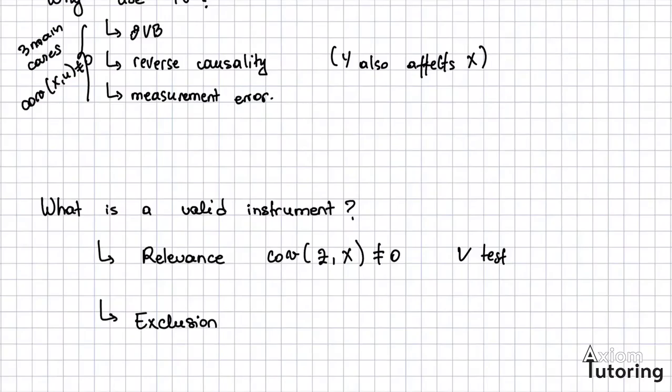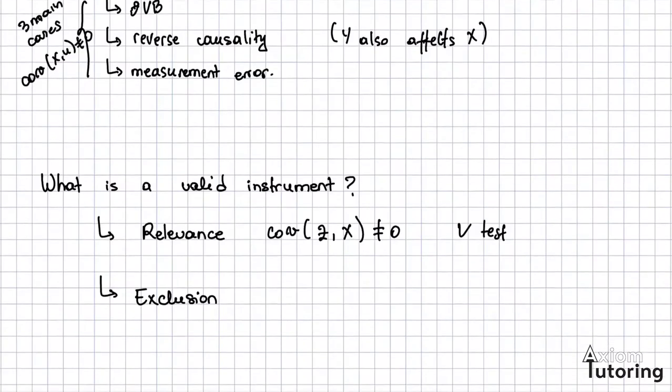The second condition is the exclusion condition, which tells us that Z affects Y only through X, no direct path, which means that the covariance between Z and the error term, where everything else that is affecting Y exists, needs to be equal to 0. This is not directly testable.